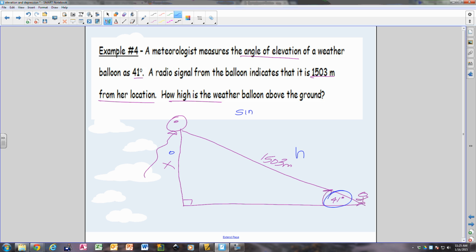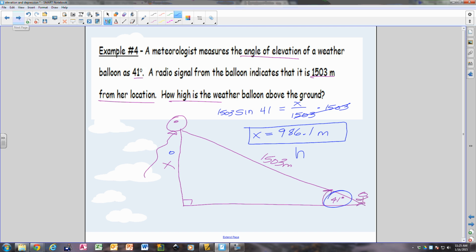So the sine of 41 is opposite over hypotenuse. So since x is in the top, we're just going to multiply. So this cancels, and we type that in the calculator, and we get that x is 986.1 meters. So that is the altitude of our weather balloon.